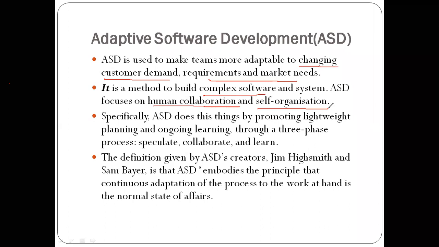Human collaboration in the sense that whoever is working on that particular project should collaborate with each other. If on some particular app a team of 10 members or 50 members are working on a single project, then you should collaborate with each other. You should respect each and everyone's idea.